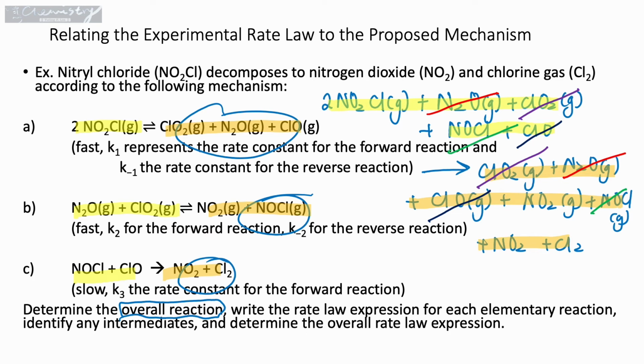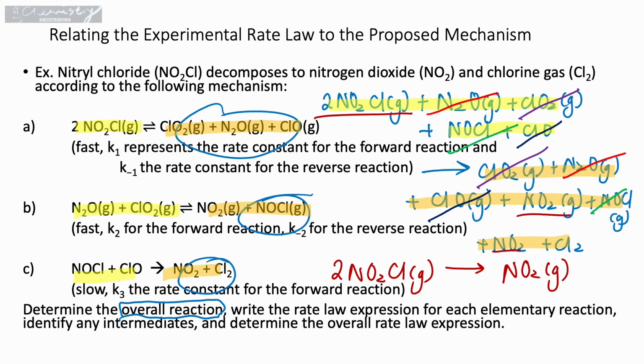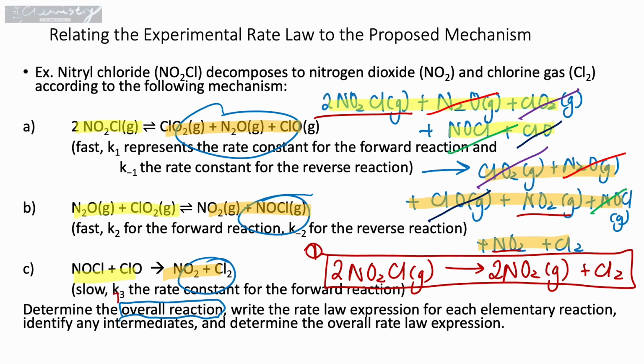So it is 2NO2Cl gas becoming 2NO2 gas plus Cl2, and that will be the overall reaction. So that answers the first question over here.